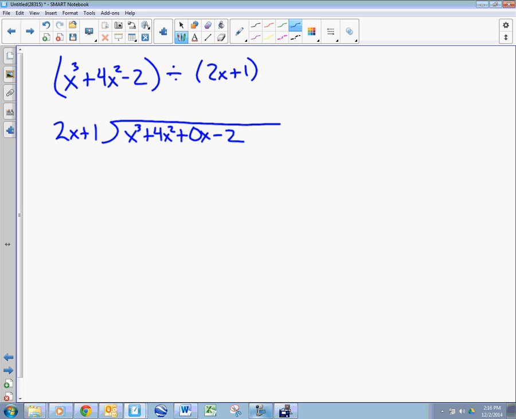How many times does 2x go into x to the third? What do you have to multiply 2x by to get x to the third? 1/2 x squared. Very good.